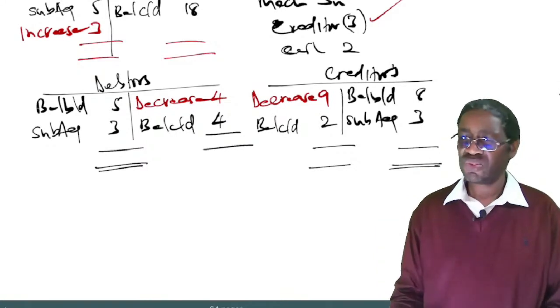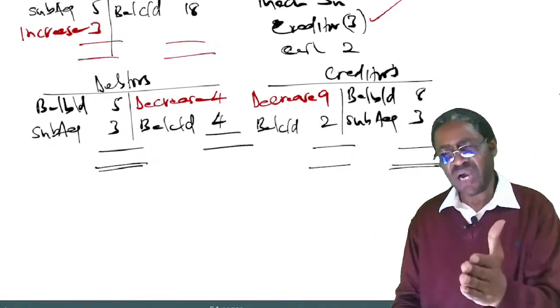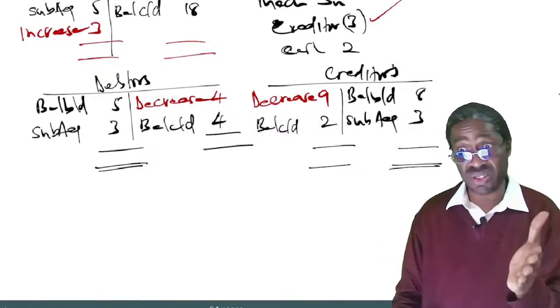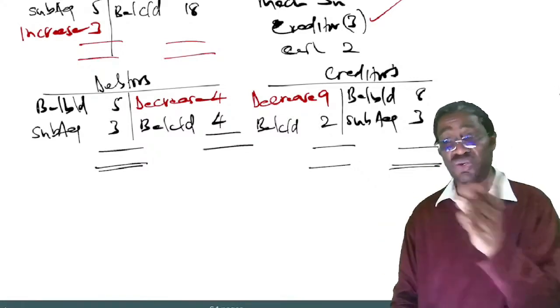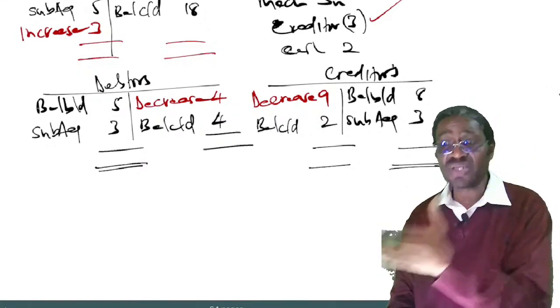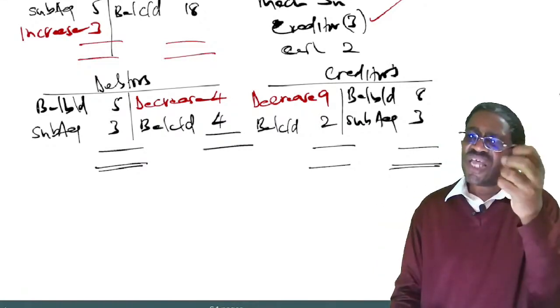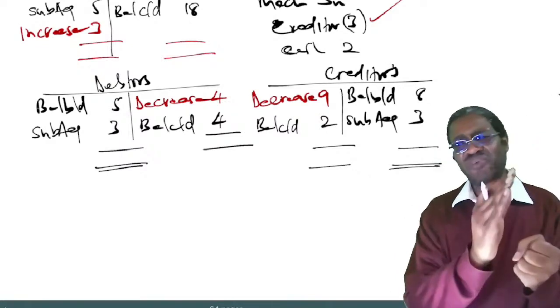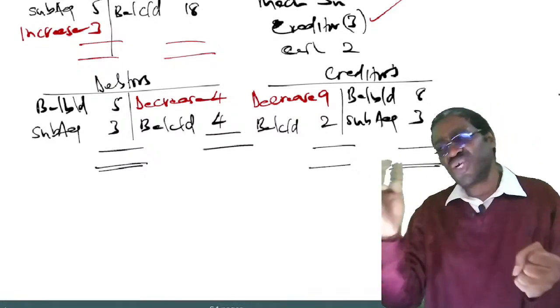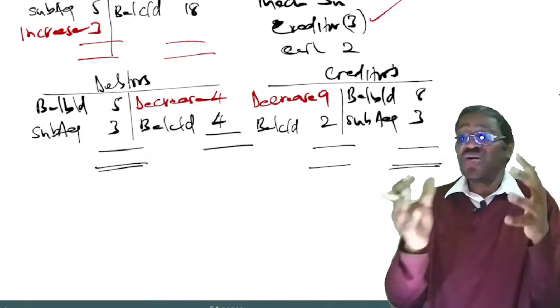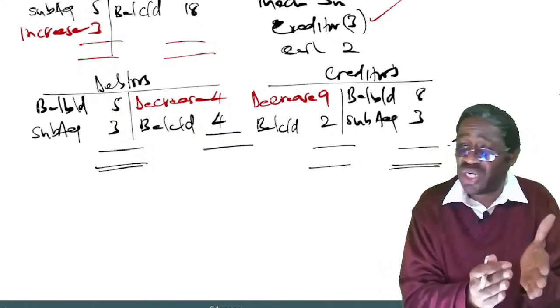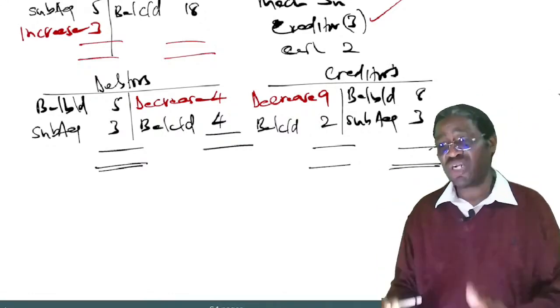For example, you normally analyze the account of stocks to know whether there's an increase or decrease. Debtors, increase or decrease. Creditors, increase or decrease. You analyze the account of loan, for example, to know whether you have a loan repayment or maybe we got an additional loan. When you're analyzing the debentures, you want to know whether there was an issue of debenture or we could have repaid our debenture.